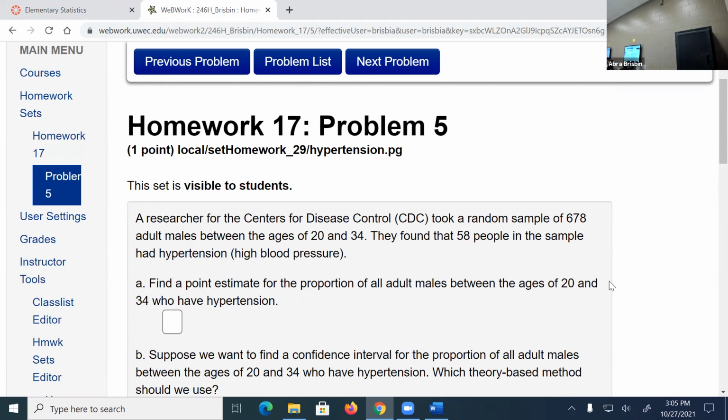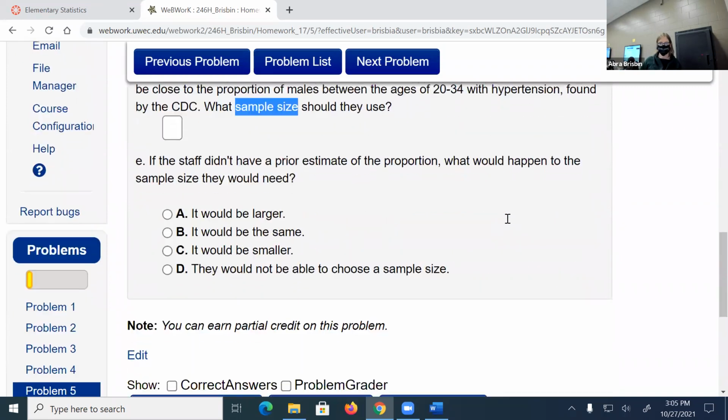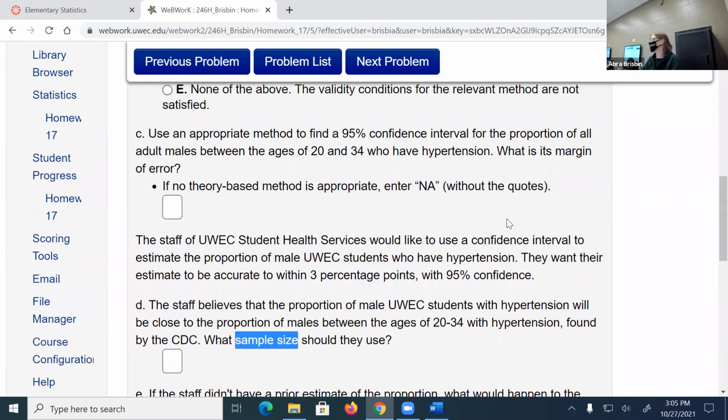And then for the multiplier, that's going to be based on our level of confidence. So we want 95% confidence here. So that means we've got a normal distribution.